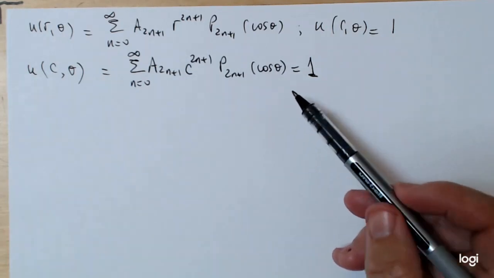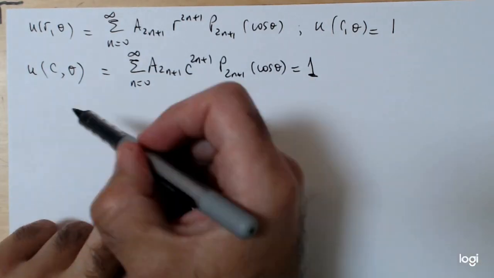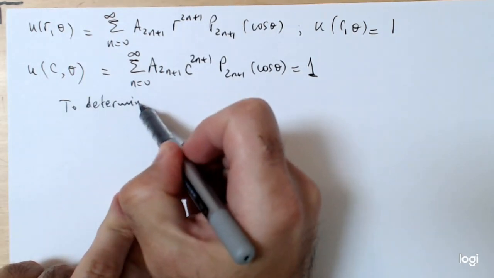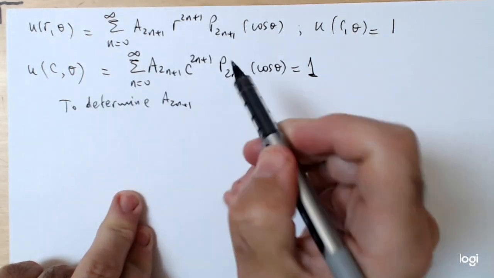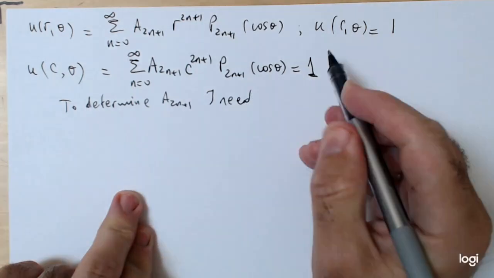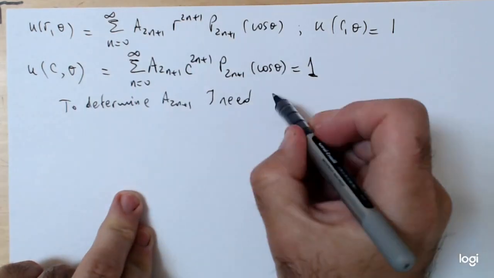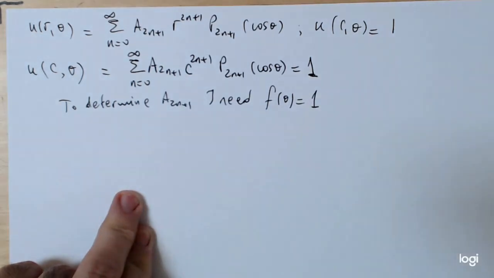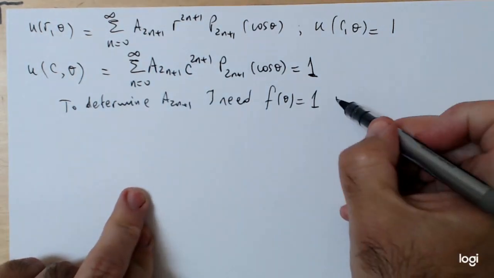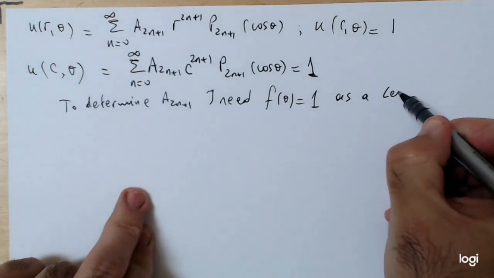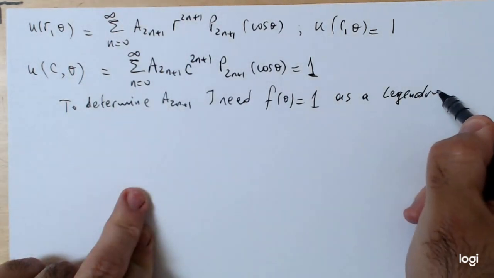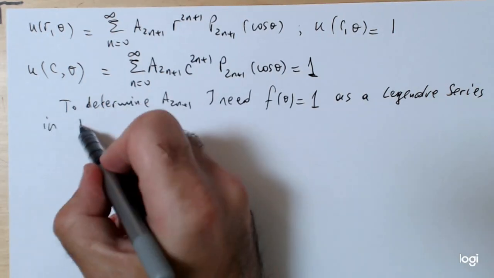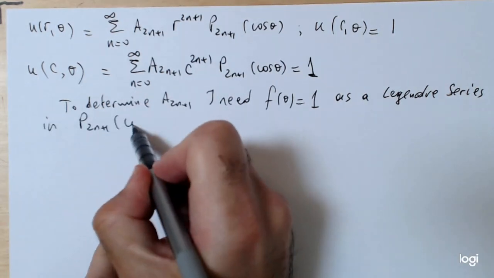So this is the moment when you say, okay, to determine a sub 2n plus 1, I need whatever is the right-hand side, in this case, 1 as a function of theta. I need 1 as a Legendre series in the polynomials P sub 2n plus 1 of cosine of theta.